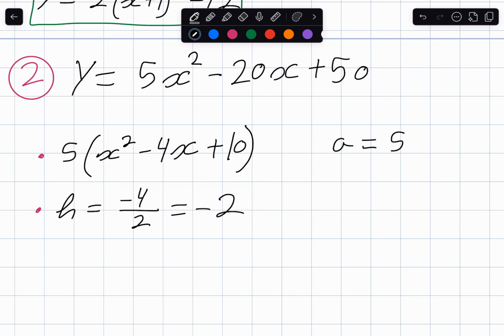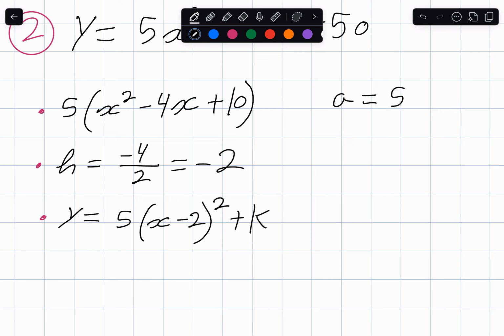And the last step that we need to do is, of course, before we do anything, recall that we found a to be 5, and x minus h, in this case, is x plus 2 since h is minus 2. And then there is some k, we need to find k. But for us to find k, we need to find the corresponding x value. We need to set this equal to 0 to be able to find it.